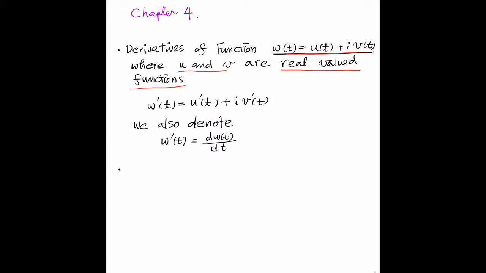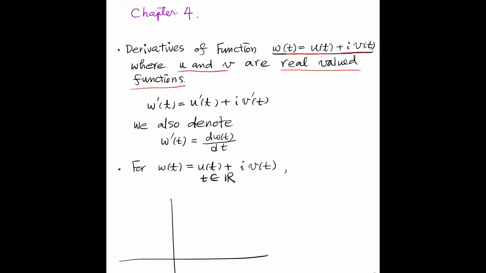And then for a function w(t) equals u(t) plus i times v(t), in this case you can consider when t belongs to some region, but let me say t is in R. Then you can consider this complex w(t) as t moves.